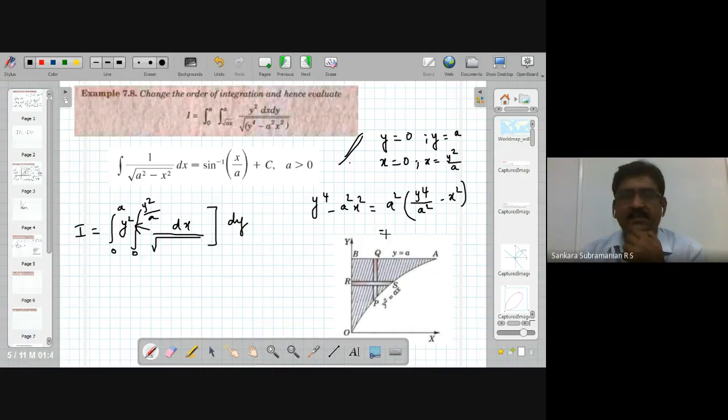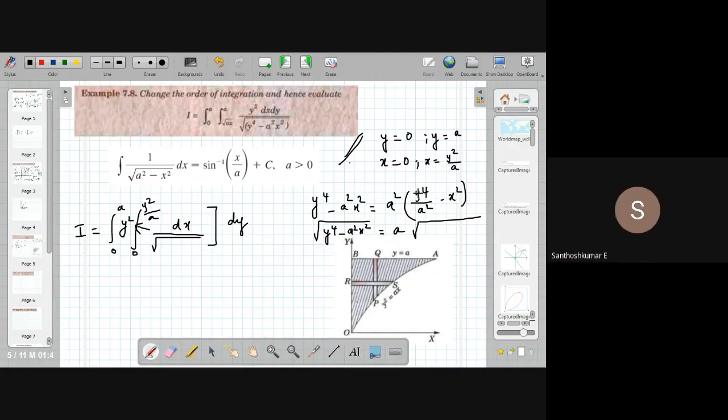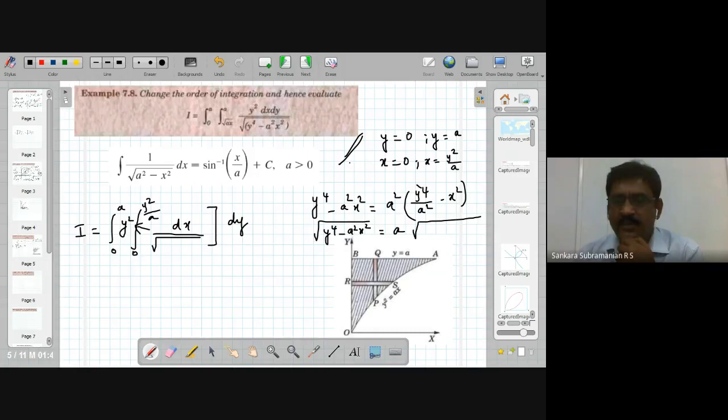This comes out from inside the square root. Inside the square root it is y power 4 minus a square x square; when it comes out of the square root, a comes out. The square root of this term we must convert into a whole square: a square minus, because y is also a constant, since we are treating it as a constant while evaluating the integration with respect to x, and a is always a constant.